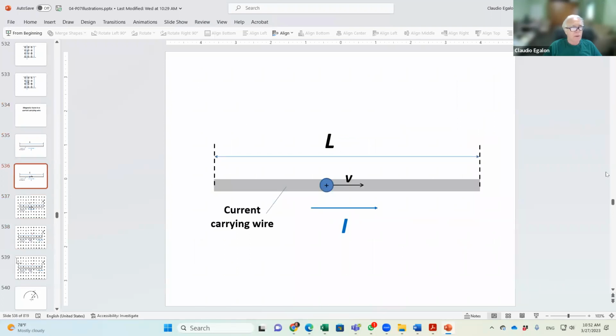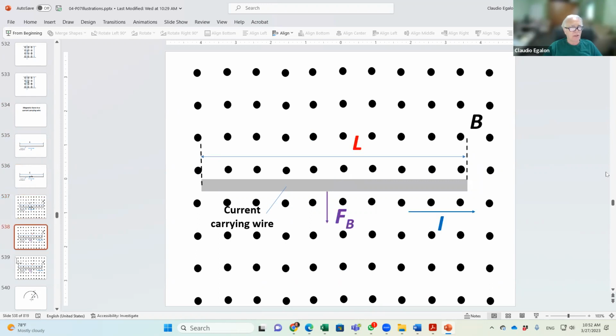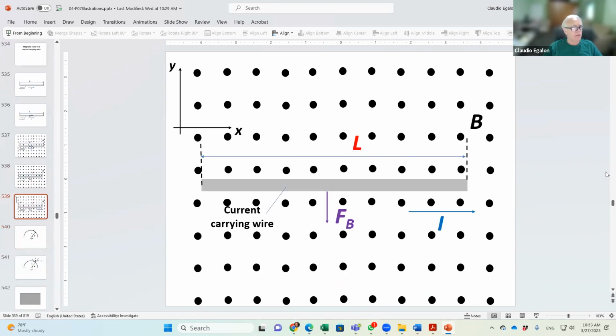Electric charges inside, apply a magnetic field, V cross B, the force has to be downwards. Okay? And the wire will tend to bend. If we put the XY axis there at the top, the direction of the magnetic force is going to be in the negative Y direction.